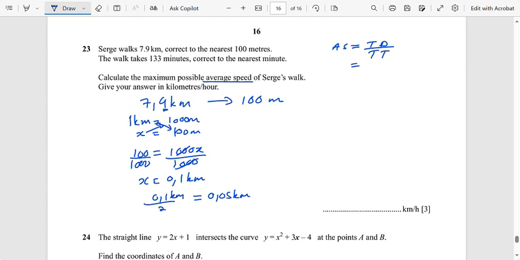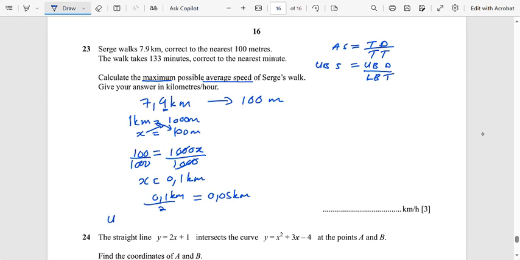If I want the maximum possible speed, I want the upper bound speed. So I need to maximize the answer after I've divided. It means I would use the upper bound distance to maximize the numerator, then minimize the divisor, which is the lower bound time. That's how I maximize under division.